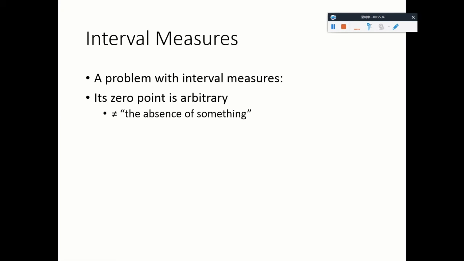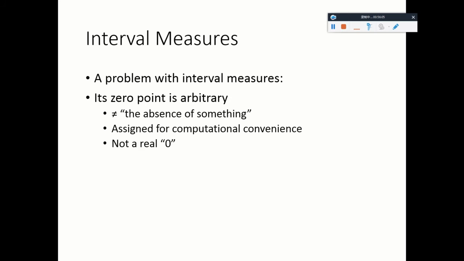What does it mean? It means with an interval scale, if we ever have a 0 value in it, the value 0 does not mean the absence of something. Rather, the 0 is simply assigned to facilitate statistical analysis.